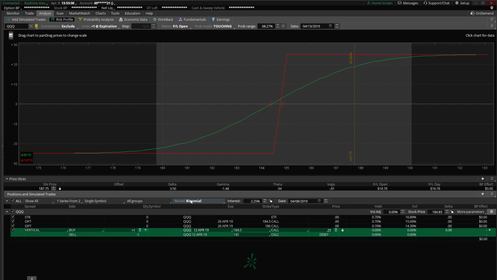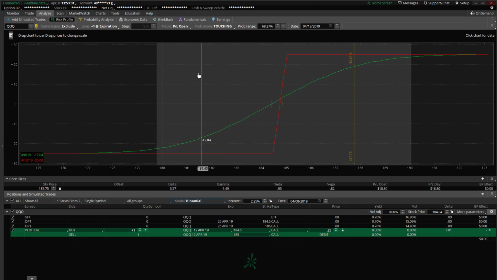I do like binomial trading strategy mathematics. Binomial is kind of if then else. So for an example, if price is at 184.84, what can price do? It can go up $1 or it can go down $1. So we would look at a binomial trade as if we're at 184, call it 185, what could it do?